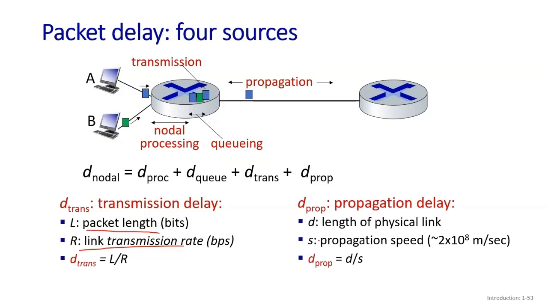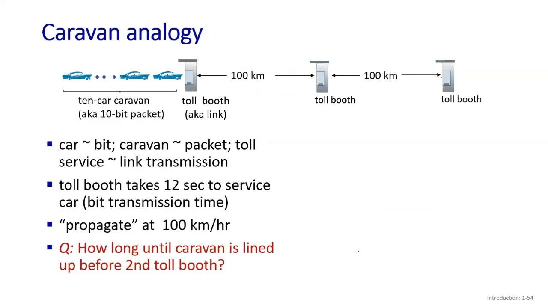Whereas the propagation delay is a function of D over S. D is the distance between the two routers, or the length of the physical link, and S is the propagation speed.